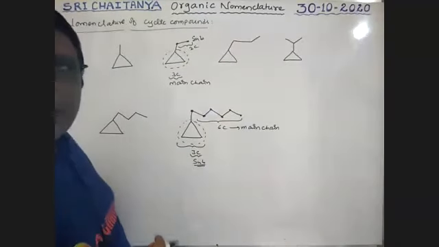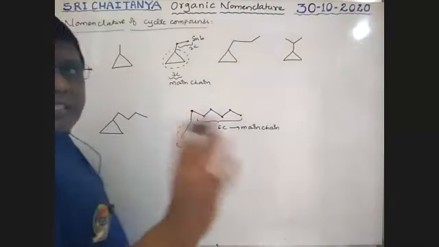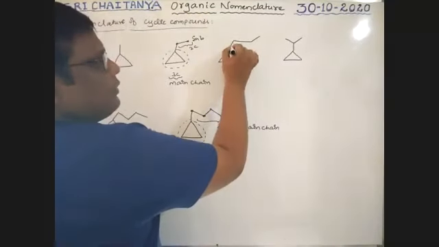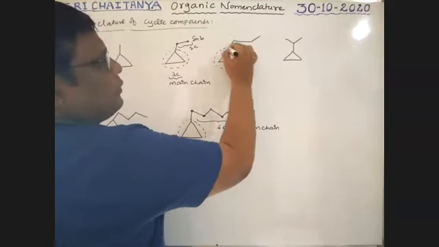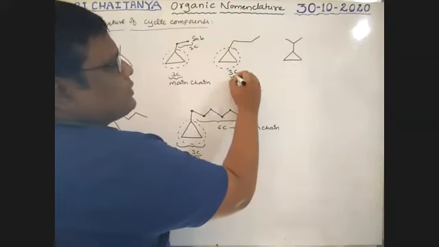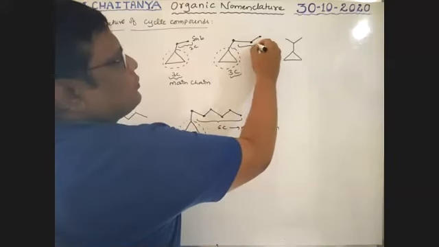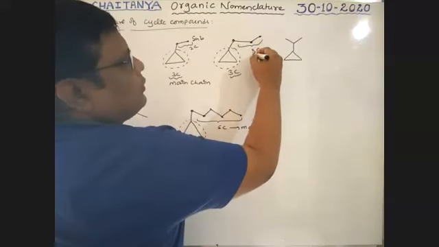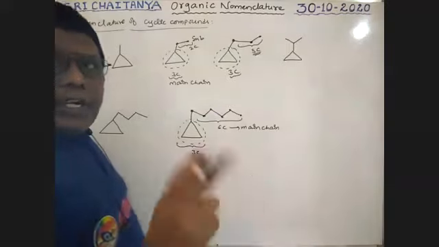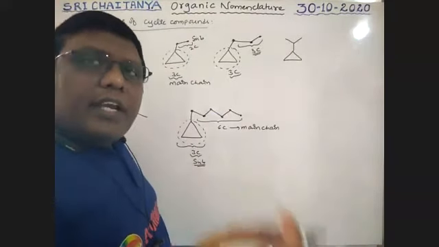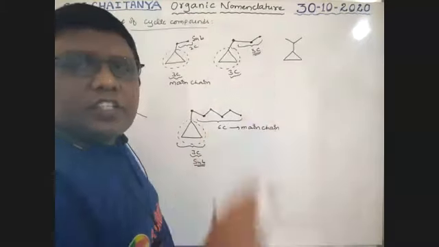Next, if exactly the same number of carbons are there in the ring and the side chain, see here, it contains 3 carbons and this one also contains 3 carbons. Both the side chain and the ring contain 3 carbons. In that situation, the ring is major and the side chain is the substituent.